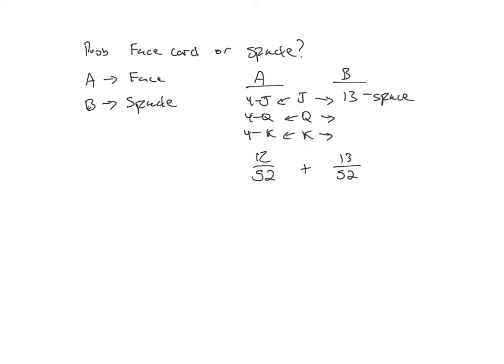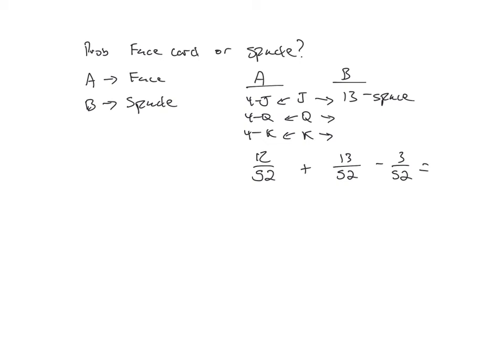So we can't count them both in the 12 and in the 13. There's 3 of them that do that, so we have to take away 3 things because they'd be counted twice. So the subtraction takes into account that they're only counted once.